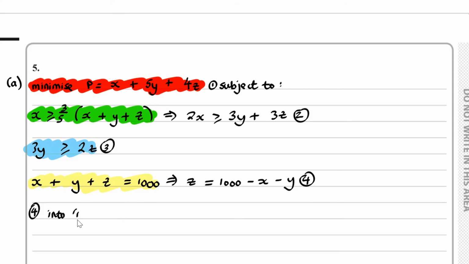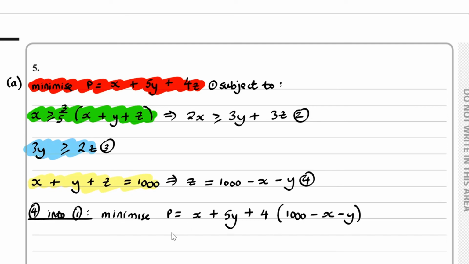into equation 1, you'd find that we want to minimize P equals X plus 5Y plus 4Z, so we have 4 lots of 1000 minus X minus Y. So we want to minimize P equals X plus 5Y plus 4000 minus 4X minus 4Y.